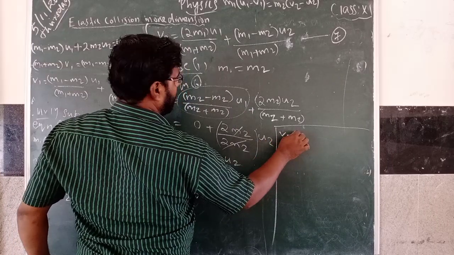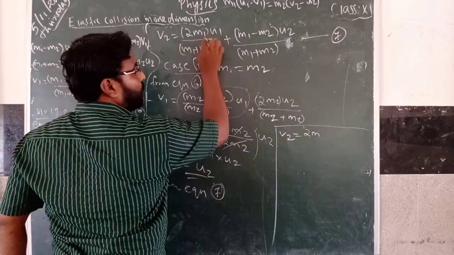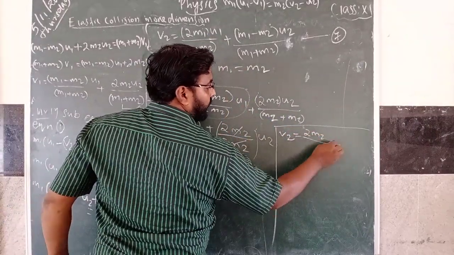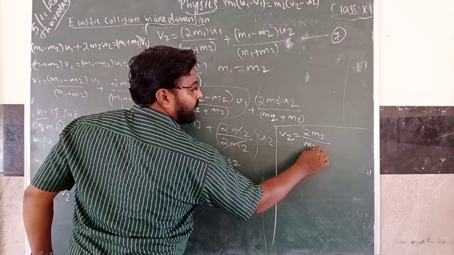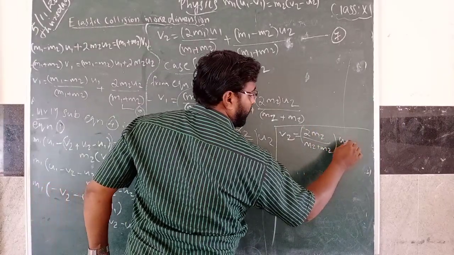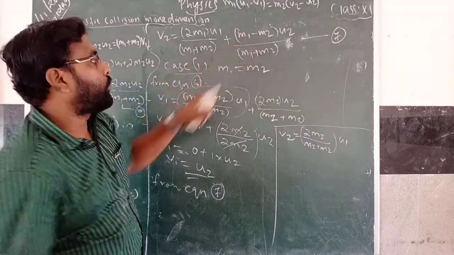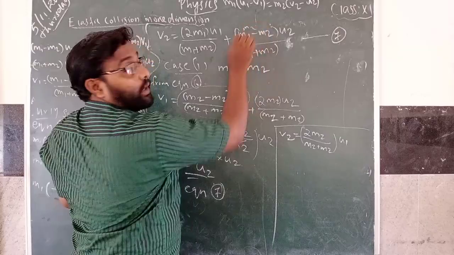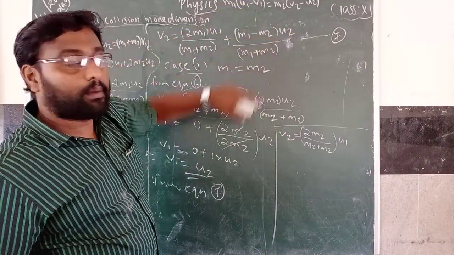V2 equal to 2 instead of M1, M2, divided by, instead of M1, M2. So M2 plus M2 into U1. This side you see, instead of this M1 we are putting M2. So M2 minus M2 is what? 0. So the whole term becomes 0.